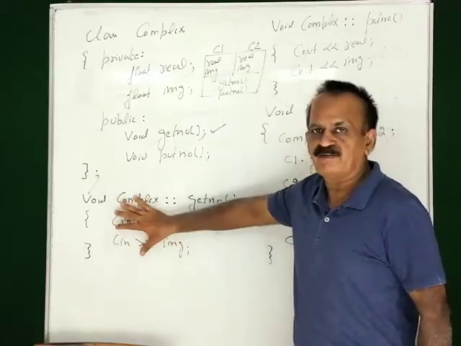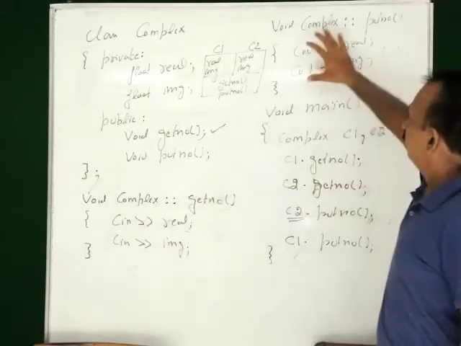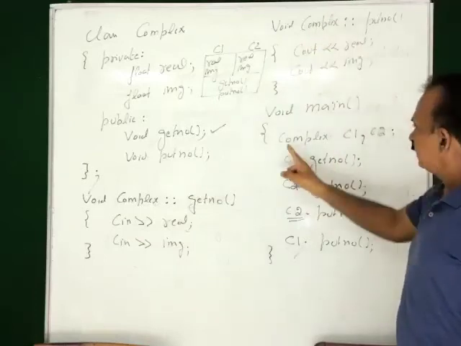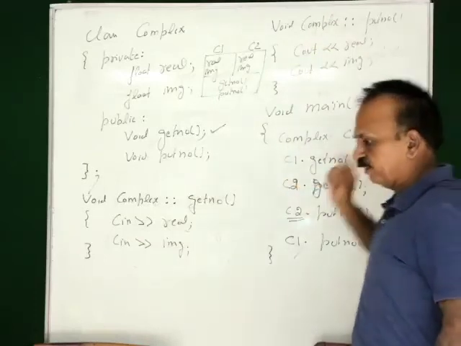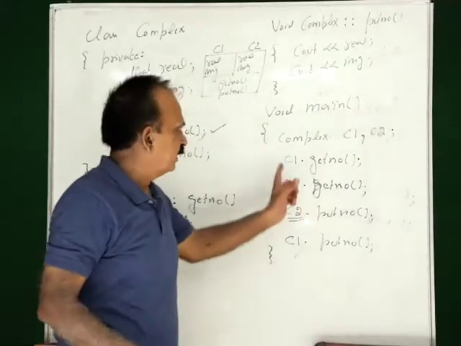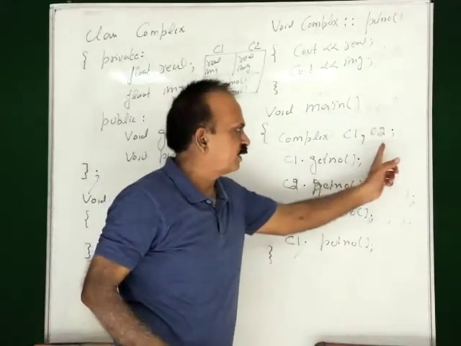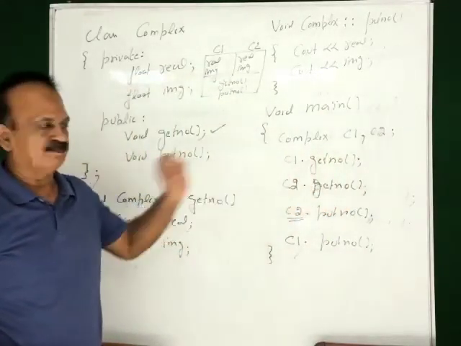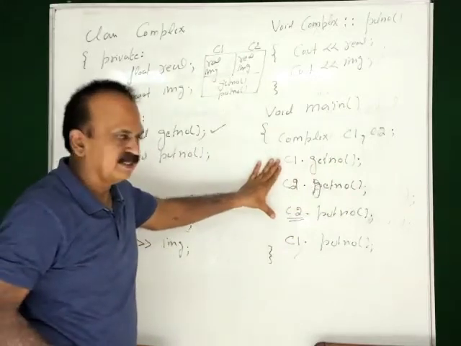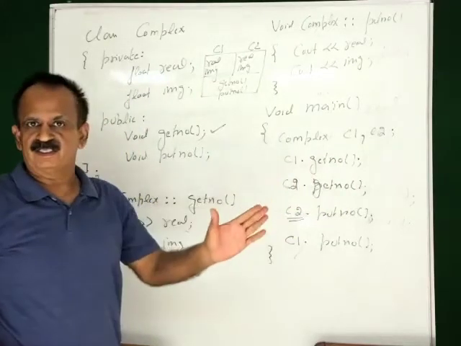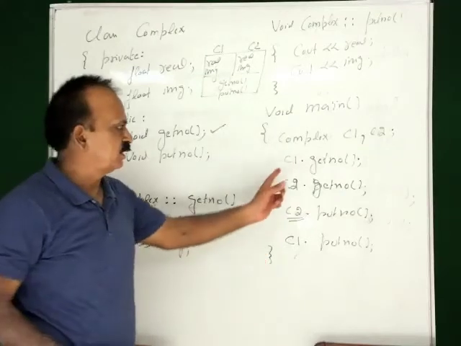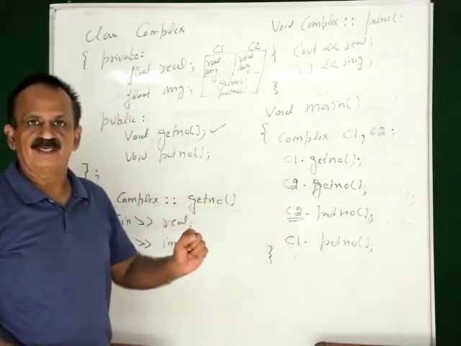The definition of the first function is followed by the definition of the other. And this particular line, complex C1 and C2, indicates how the objects are declared in the program, and this part indicates how the member functions are accessed by using these objects and the dot operator.